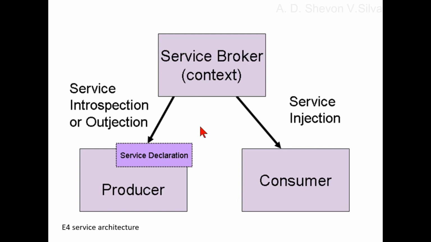The service producer can also be largely decoupled from the service broker by separating the service configuration data from the service implementation itself, either using declarative mechanisms such as DS, outjection, or simply by separating the framework-aware code doing registration from the service implementation itself. This model is illustrated in this figure.